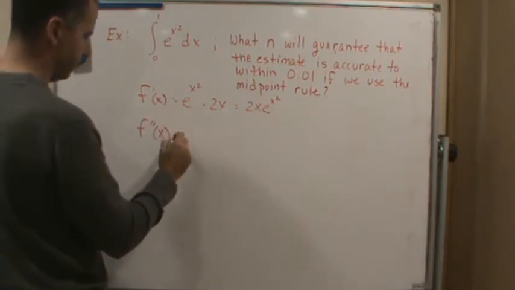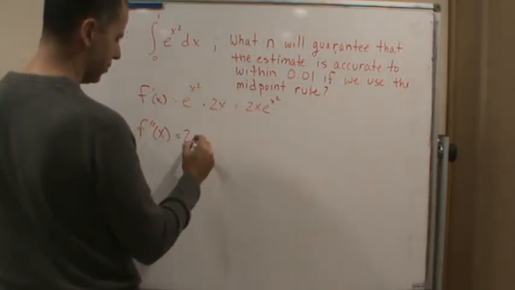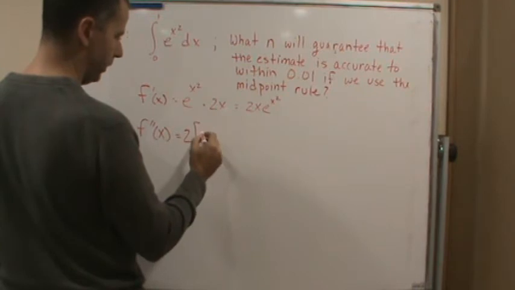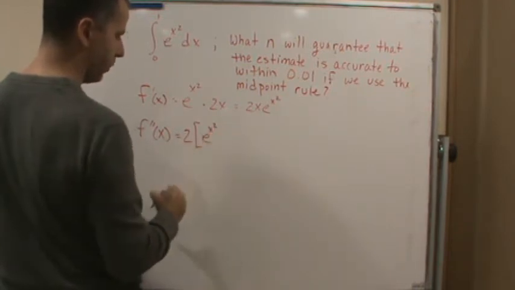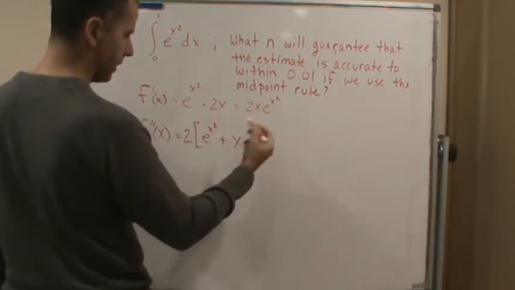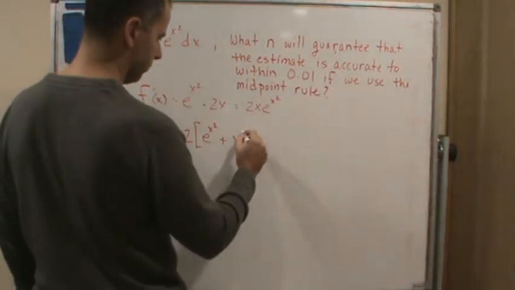That's the one we need. But now we're going to do the product rule. I'm going to take the 2 out. So it's going to be the derivative of the first, which is just 1, times the second, e to the x squared, plus the first times the derivative of the second, which is just 2x.